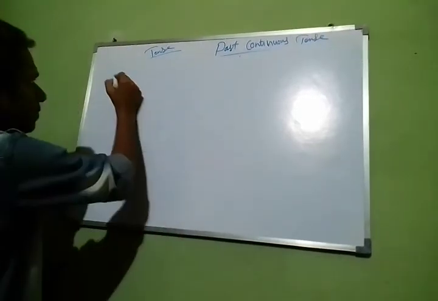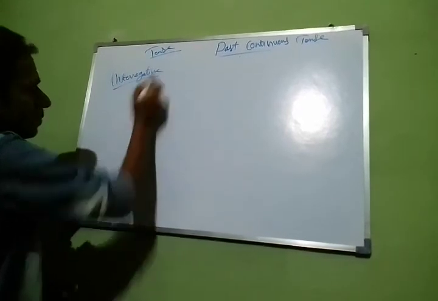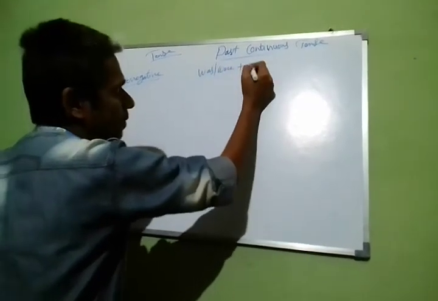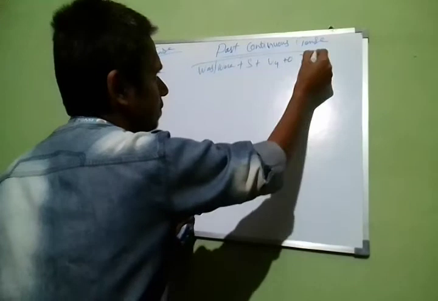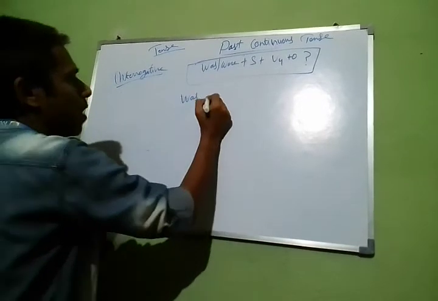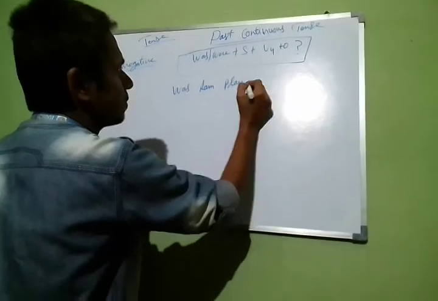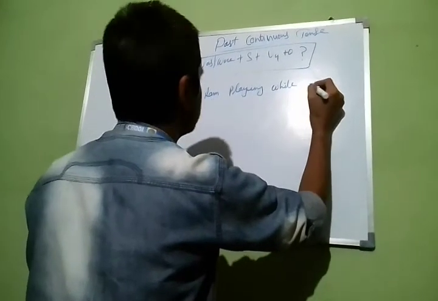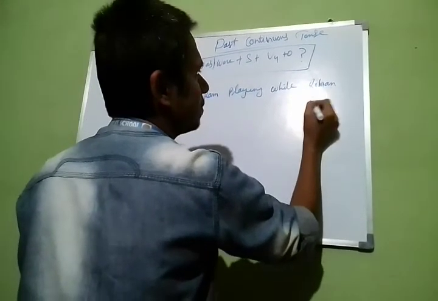Next kind of sentence is interrogative. Okay, and structure would be was/were plus subject, V4, object. Was Ram playing while Rohan came?